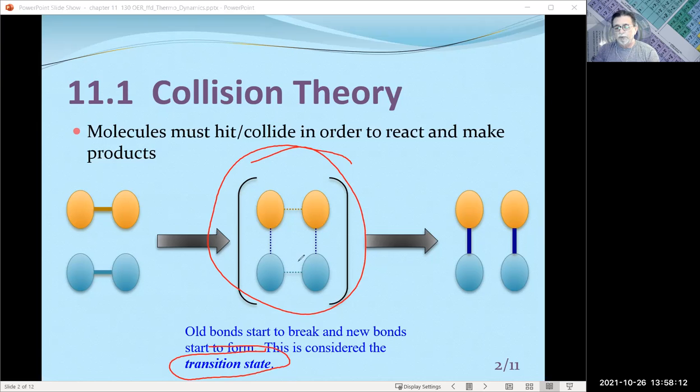It is a point where bonds are being broken here and here, but then we have new bonds being created here and here, all occurring with the correct orientation. And that is called the transition state. It's like a hybrid of the two. You're going to have properties of your products and properties of your reactants.